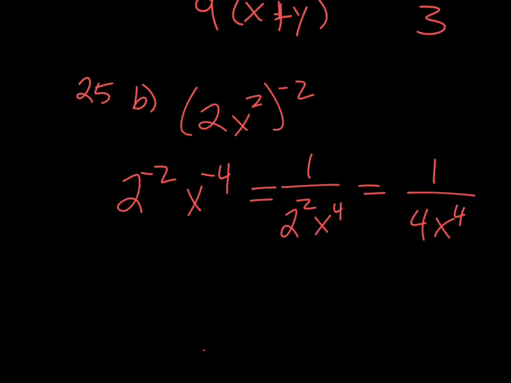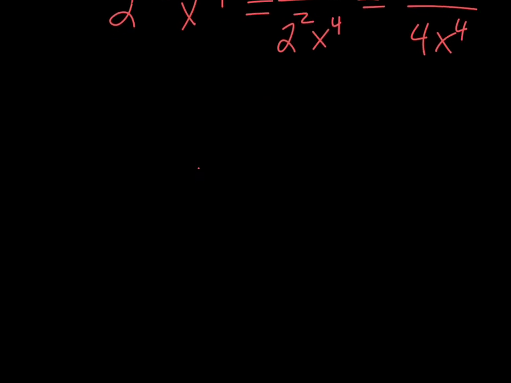27 would be negative 2, x to the 5th. So I'll do 27a and then I've got to stop so we can do the negative 8. You have to multiply the parentheses. Well, you've got to get as simplified as you can.